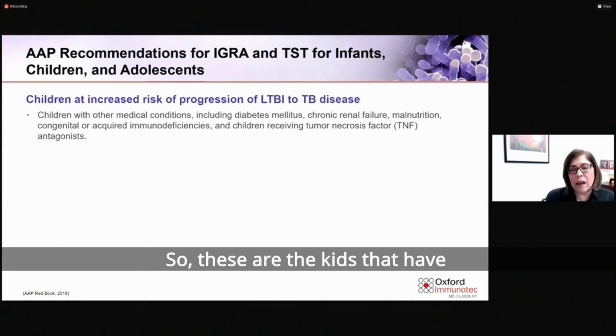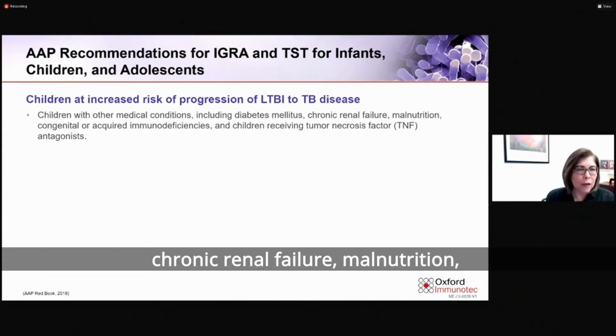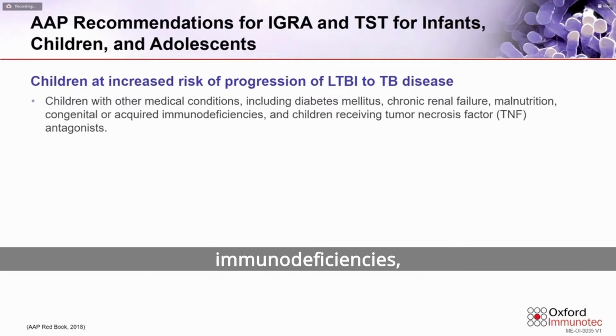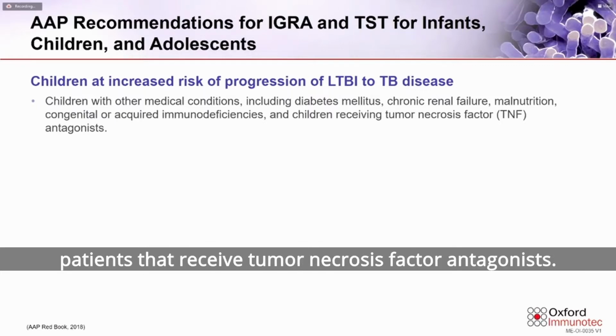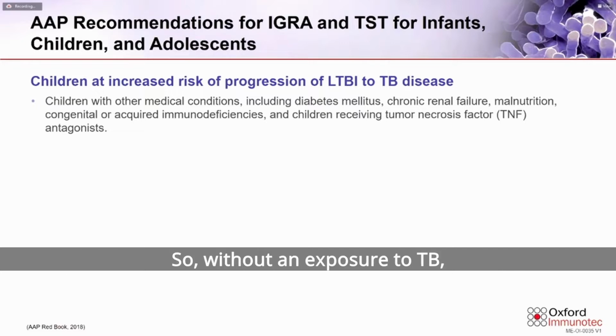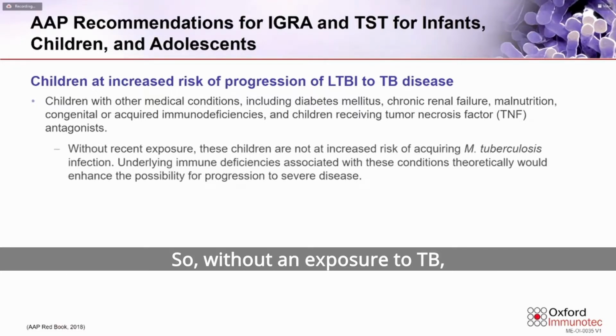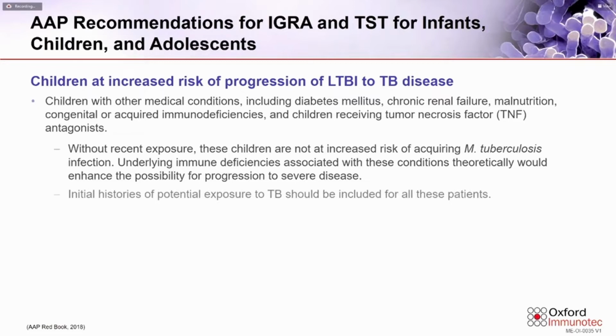These are the kids that have those conditions that we talked about: diabetes, chronic renal failure, malnutrition, immunodeficiencies, patients that receive tumor necrosis factor antagonists. Without an exposure to TB, they're not really at increased risk for developing TB disease. What is important is that if they get infected or exposed to somebody with TB, they have a higher risk of developing TB disease and not staying in that latent phase.